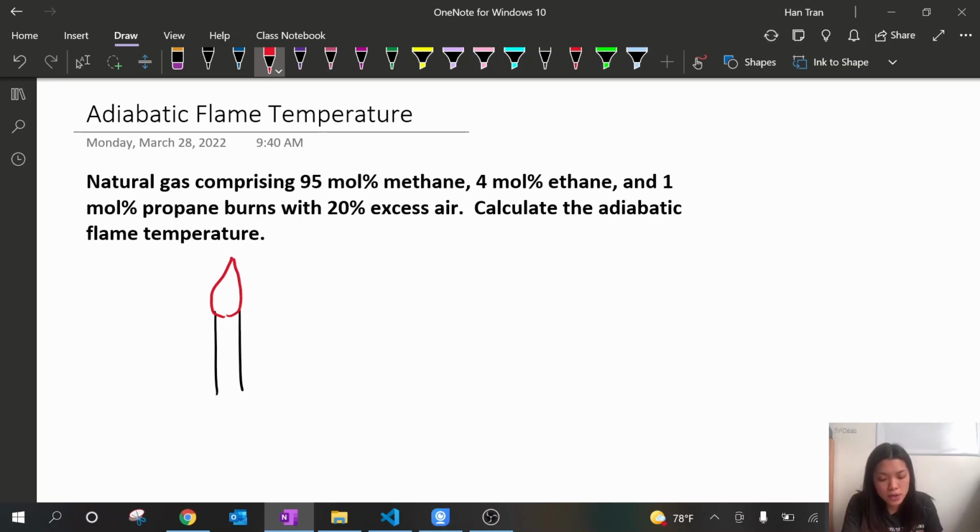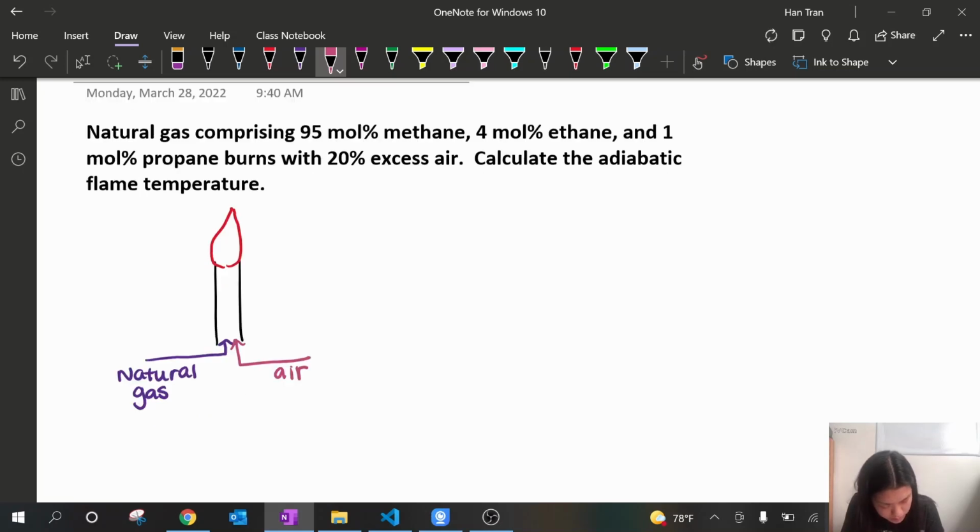We are told that this burner has natural gas and air going in.